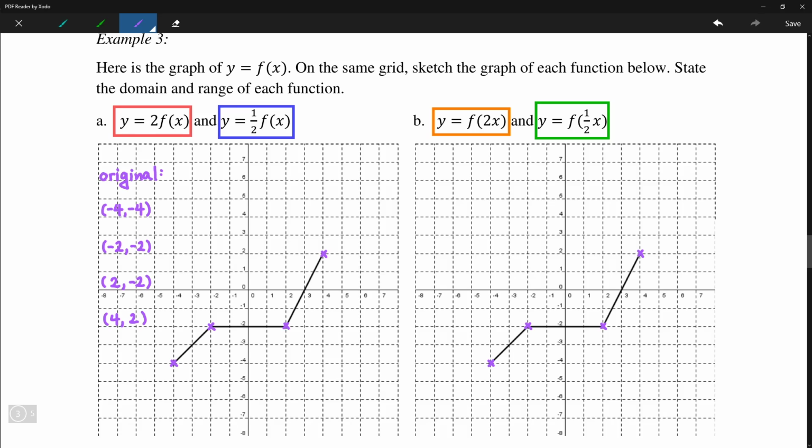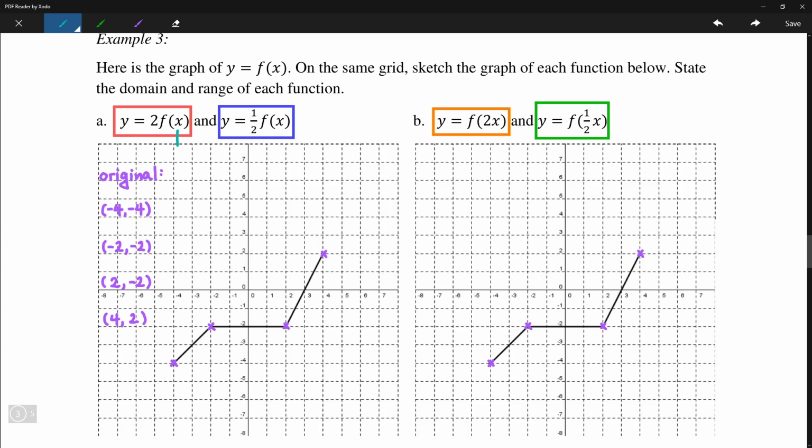For example 3a, part 1, the red part, we have y equals 2 f of x, so the y values will be doubled. Imagine if we substitute in -4, then f of -4 is -4, and -4 times 2 gives us y equals -8.